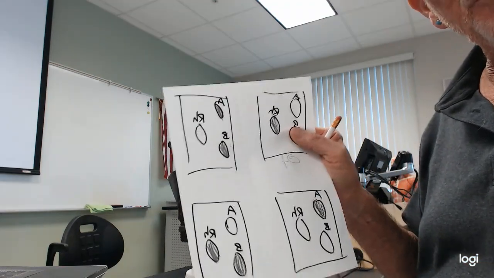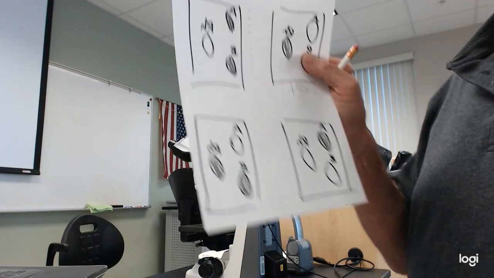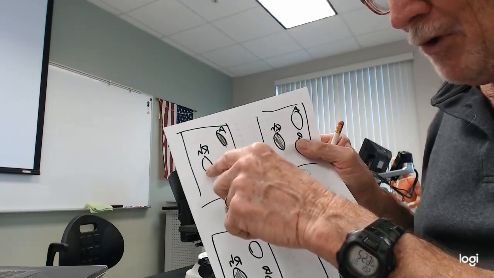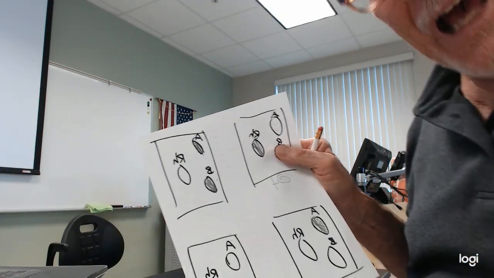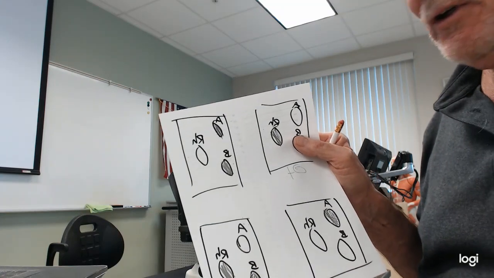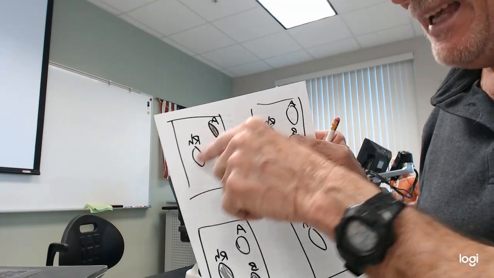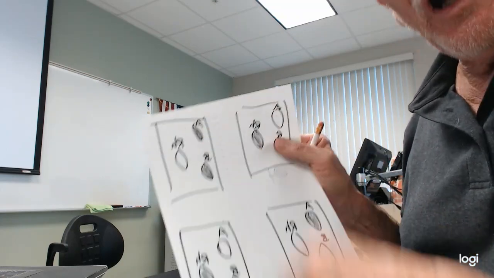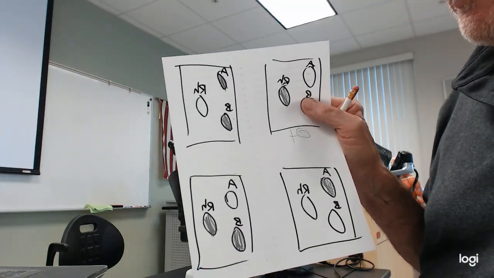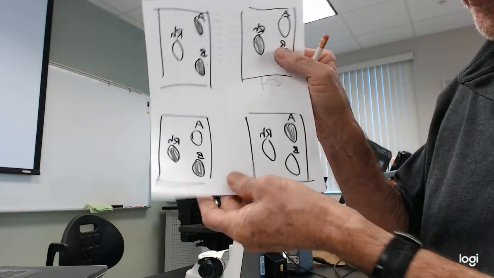Could I give it to somebody that's AB positive? Yes, because I'm not giving them something they don't already have. So anybody that's AB, whether they're positive or negative, I could give this to them because I'm not giving them something that they don't already have.